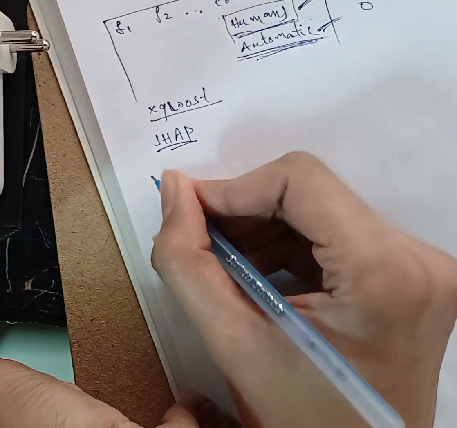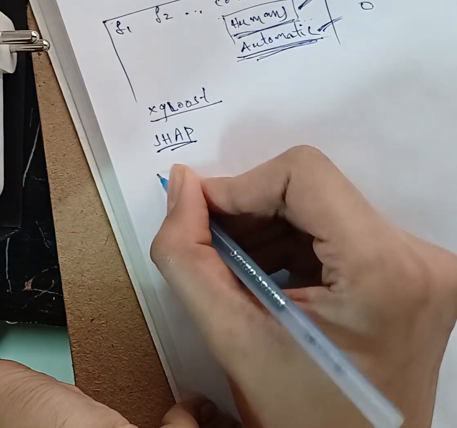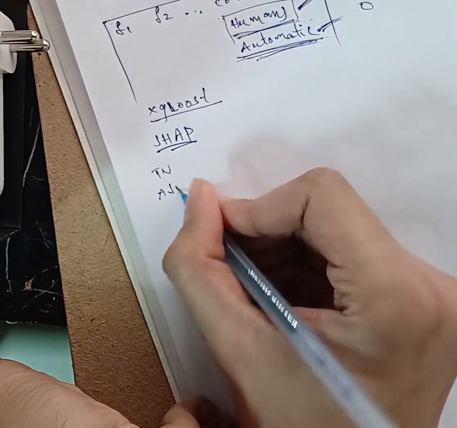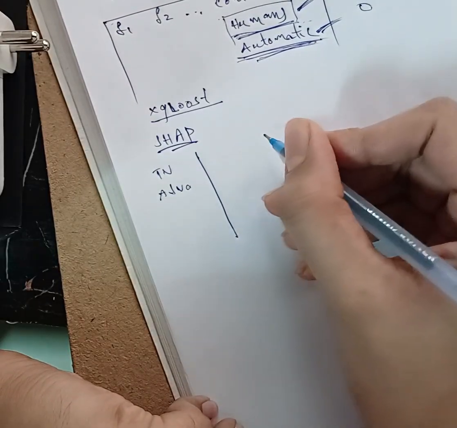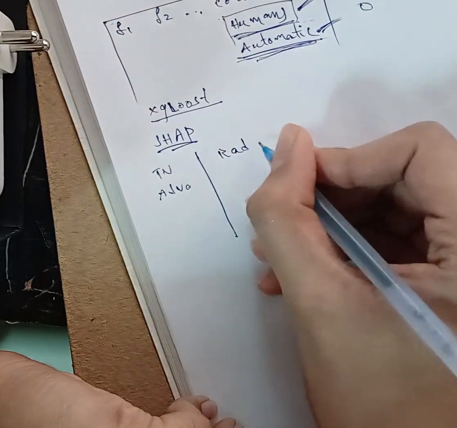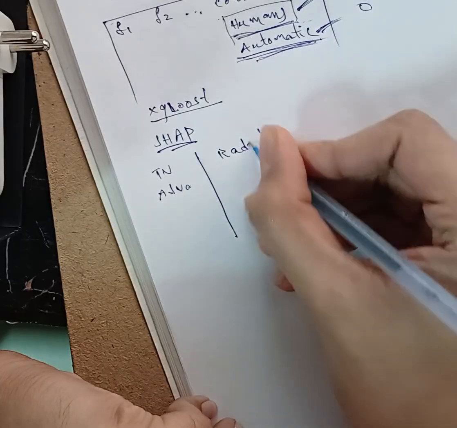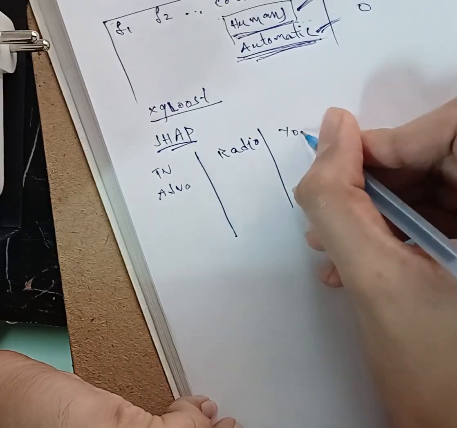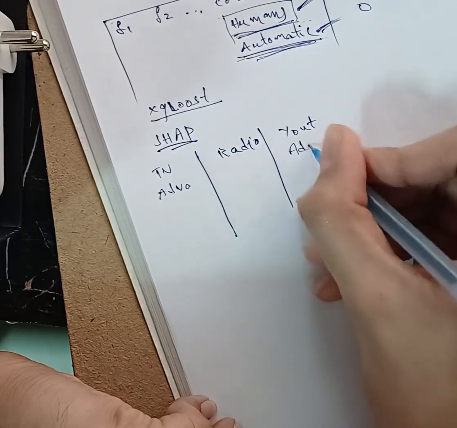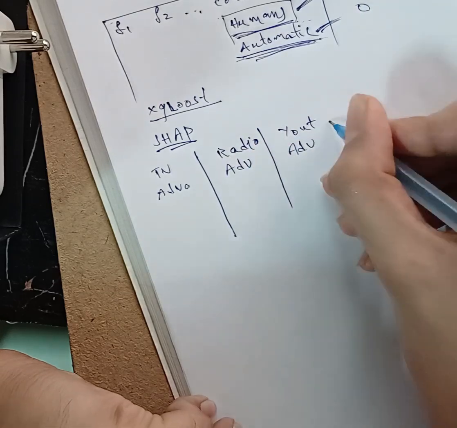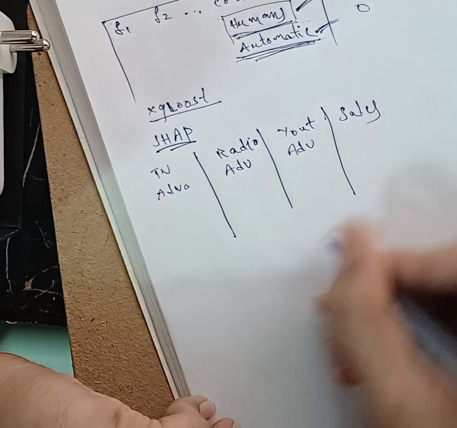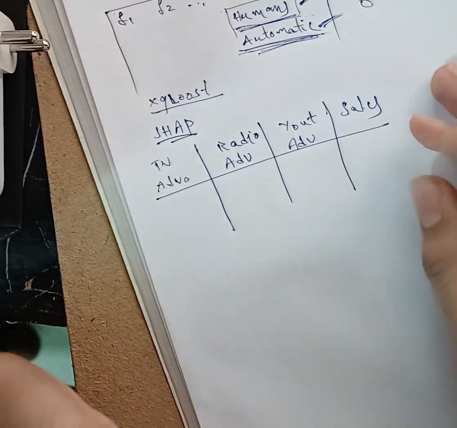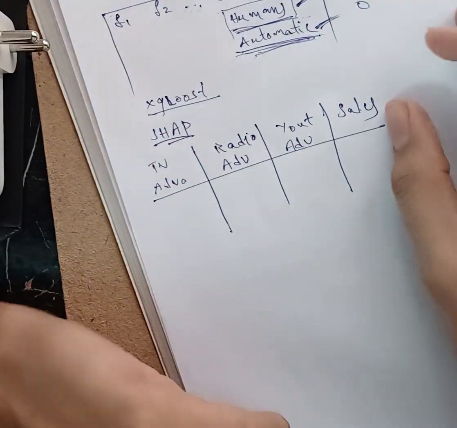Let's say there are many types of advertisements, like TV advertisements and some other advertisements like radio advertisements and YouTube advertisements, and the output feature is obviously sales. Now let's try to understand with this data set.